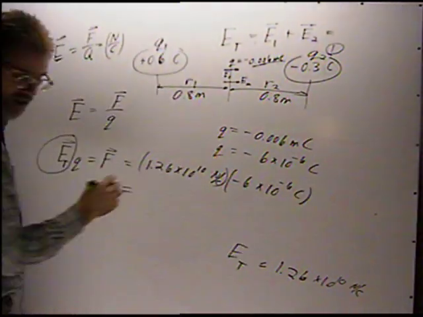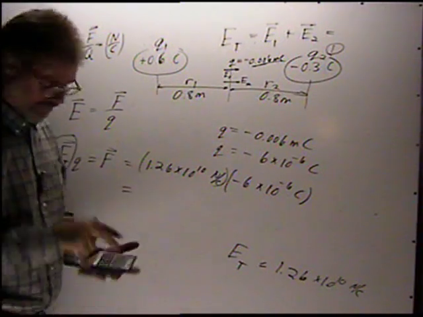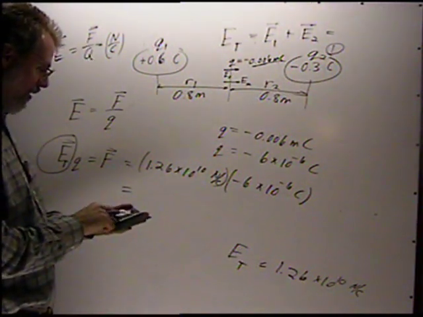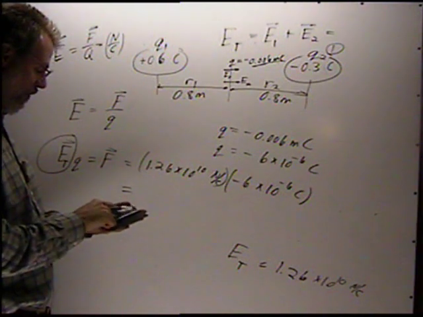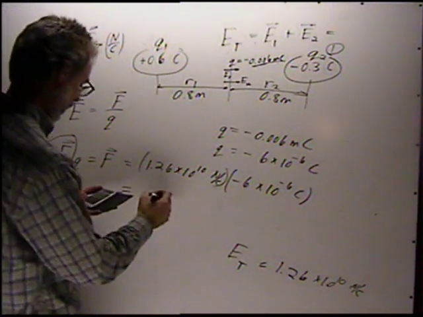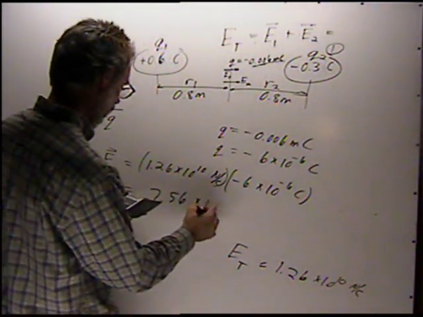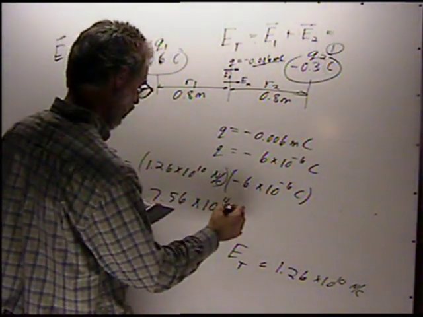We get 1.26 e to the 10th times 6 e to the minus 6, which is 7.56 times 10 to the 4th newtons.